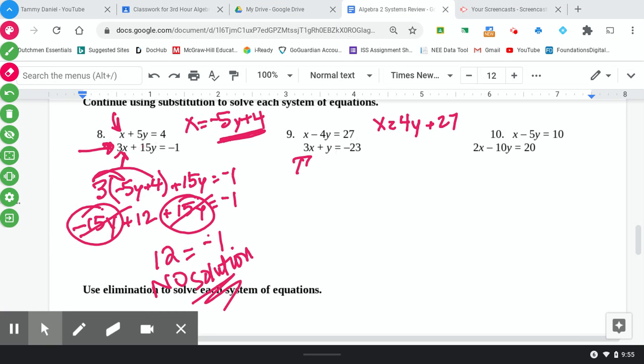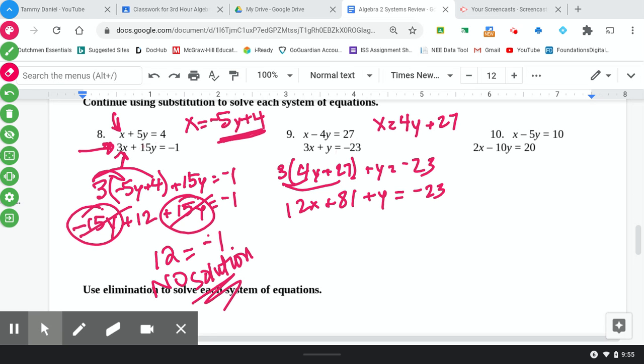Okay, that's a really bad arrow, but you get my point. Okay, so it's 3, but instead of x, we're going to put 4y plus 27, and then plus y equals negative 23.